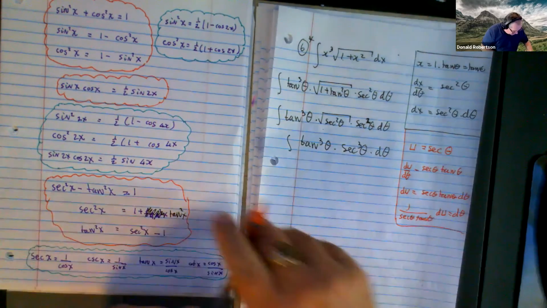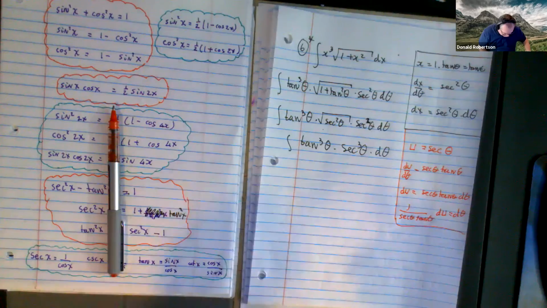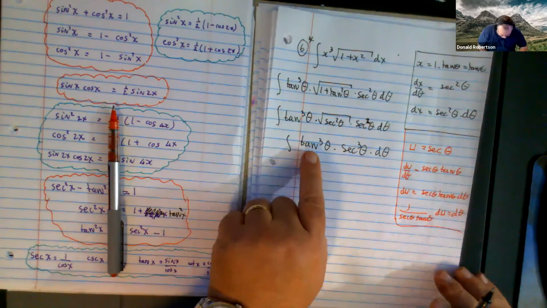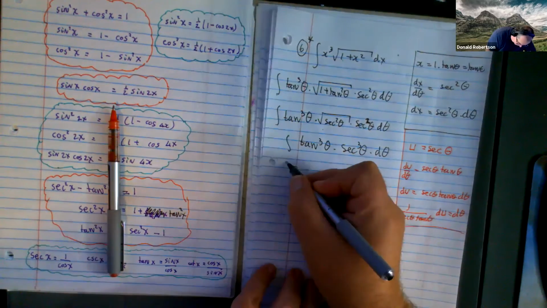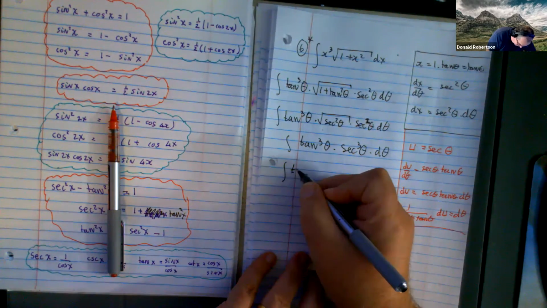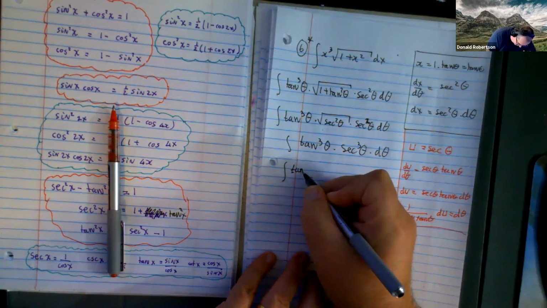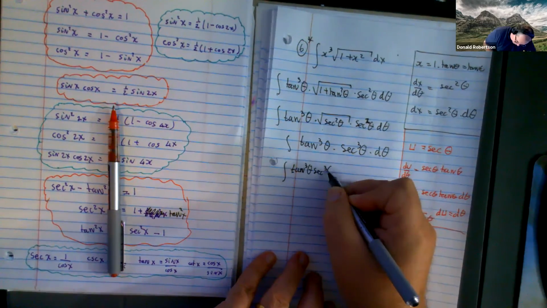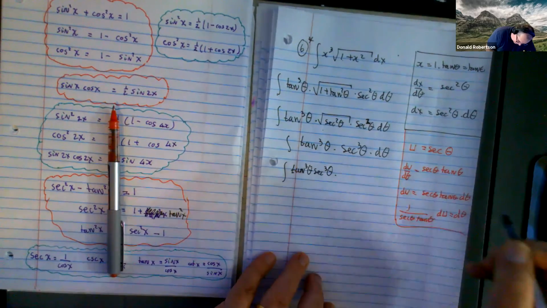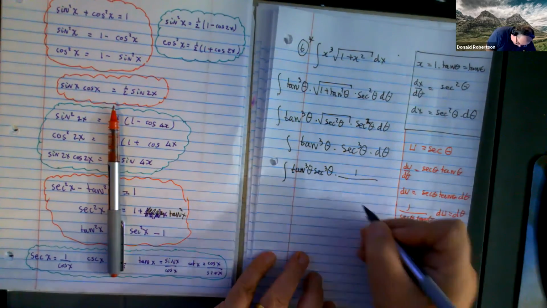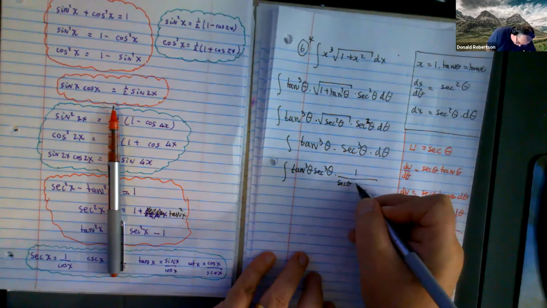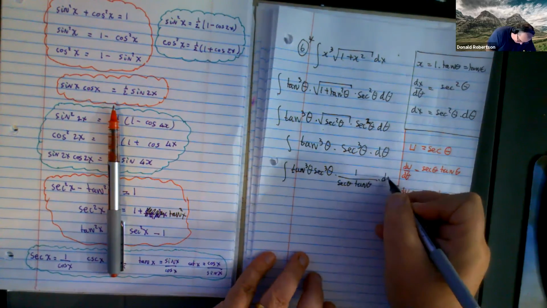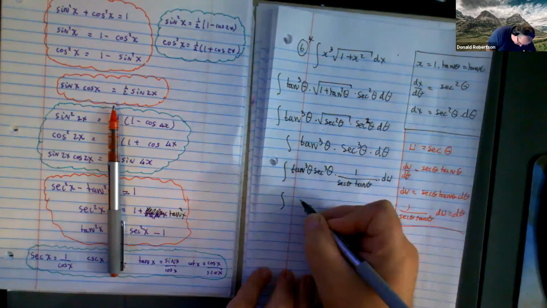When I do questions with sines and cosines, I turn them into u's. When I get things with secants and tans, I leave them alone for a little while. So this is just going to be left alone as tan cubed, secant cubed. And all I'm going to do is replace the d theta with 1 over secant tan and du. And now I get a bit of cancelling.